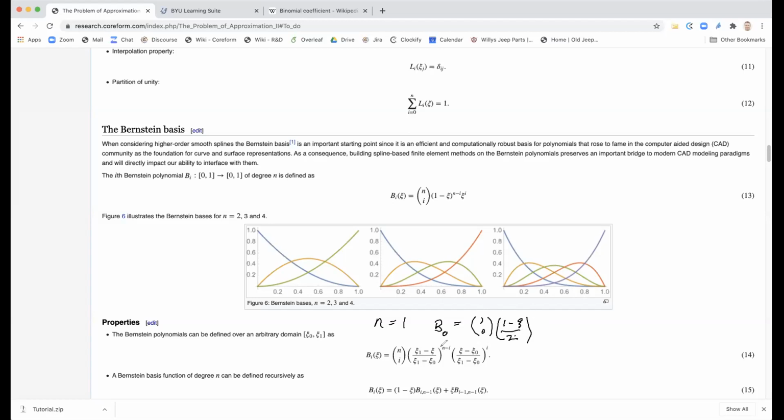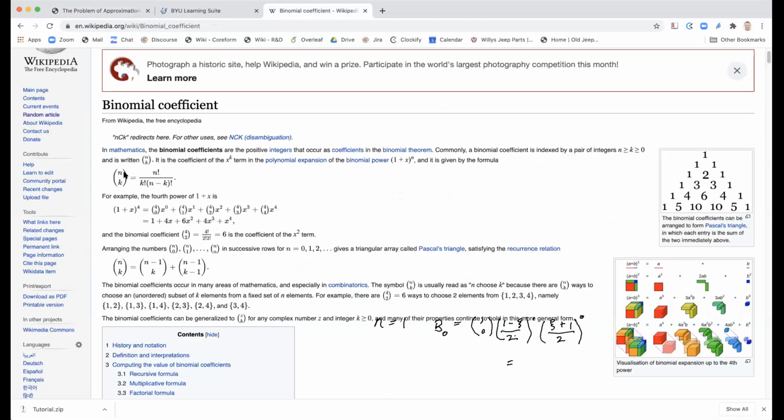And then n minus i is what? It's 1. xc minus C0, so that's xc plus 1, over 2 to the 0. So then this is equal to 1 choose 0, which is what? If we go to this guy here, it's just going to be 1, but let's just do it: 1 factorial over 0 factorial.